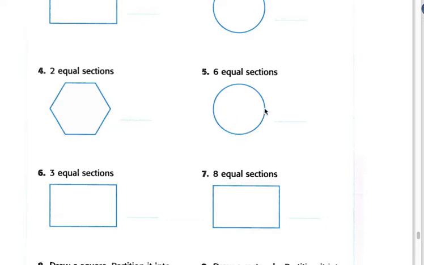If you want to check, you can go around and make sure you have 1, 2, 3, 4, 5, 6 sections. And what is the fraction that represents one of those 6 equal sections? It's 1/6. Again, one of the sections out of the total 6.